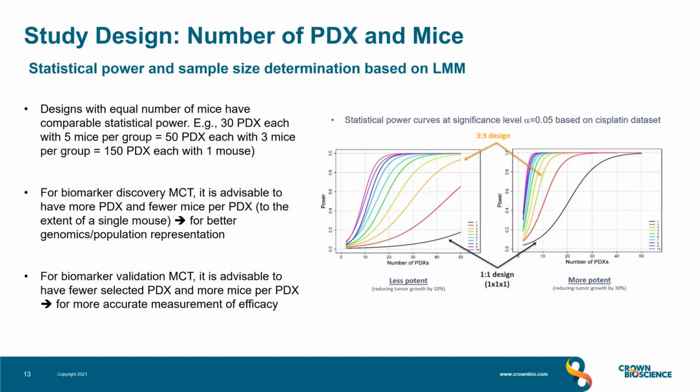This is for better genomic and population representation, which is vitally important for biomarker discovery. For biomarker validation, it is nice to have fewer but selected PDX and more mice per PDX for more accurate measurement of efficacy.